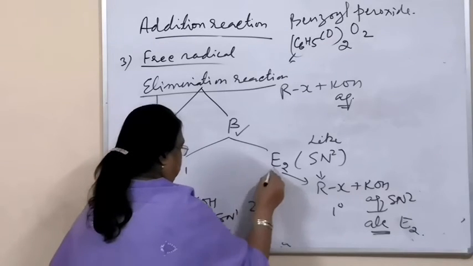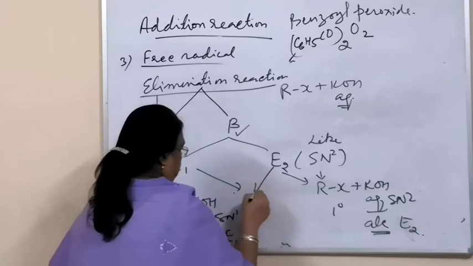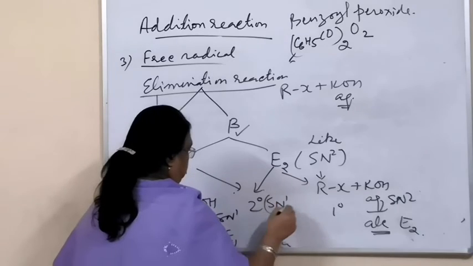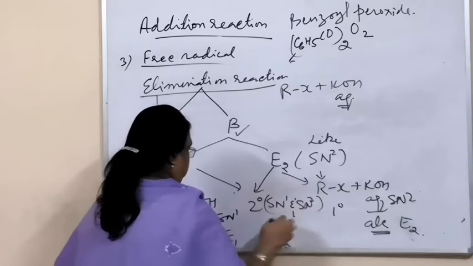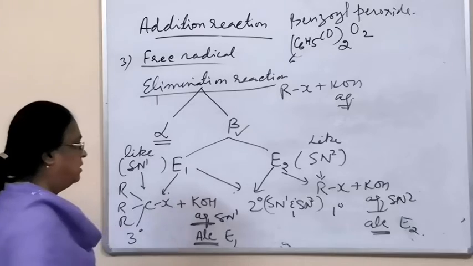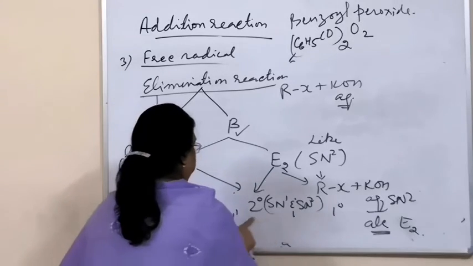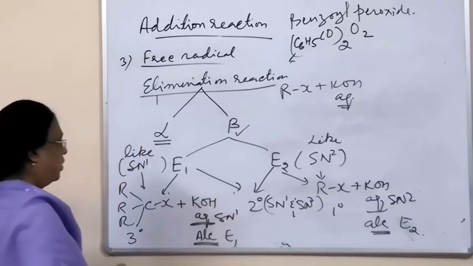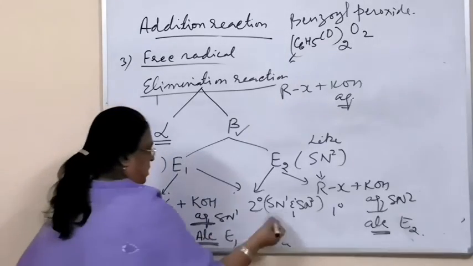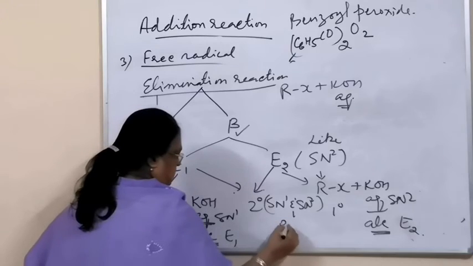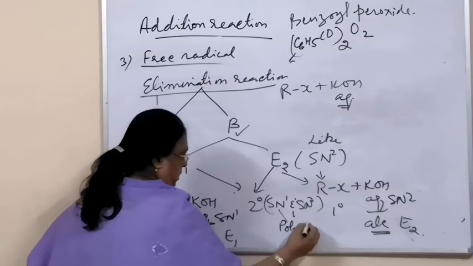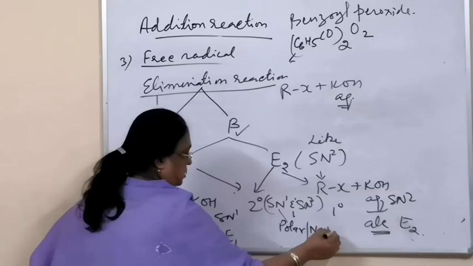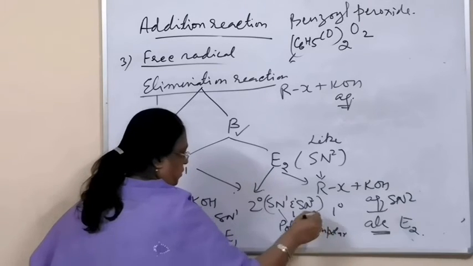Secondary alkyl halide undergoes both, like SN1 and SN2. You know that secondary alkyl halide undergoes SN1 and SN2. So secondary alkyl halide undergoes E1 and E2 both. So what was the condition for SN1? When the solvent was polar, then SN1. When it was non-polar solvent, then this was SN2.